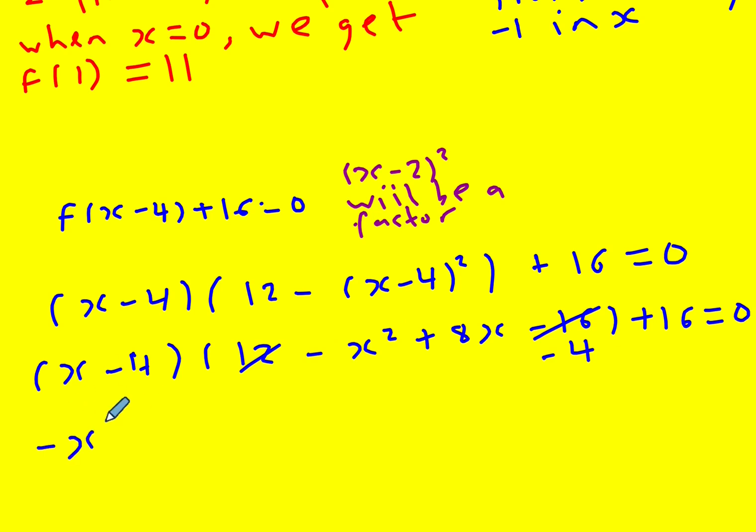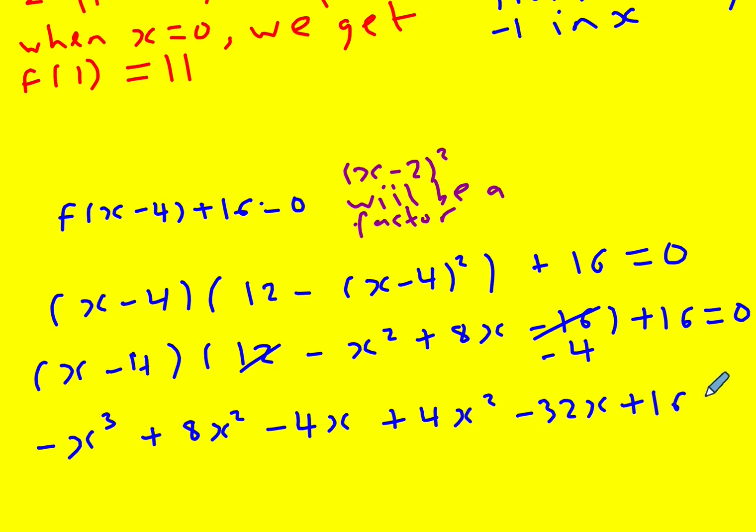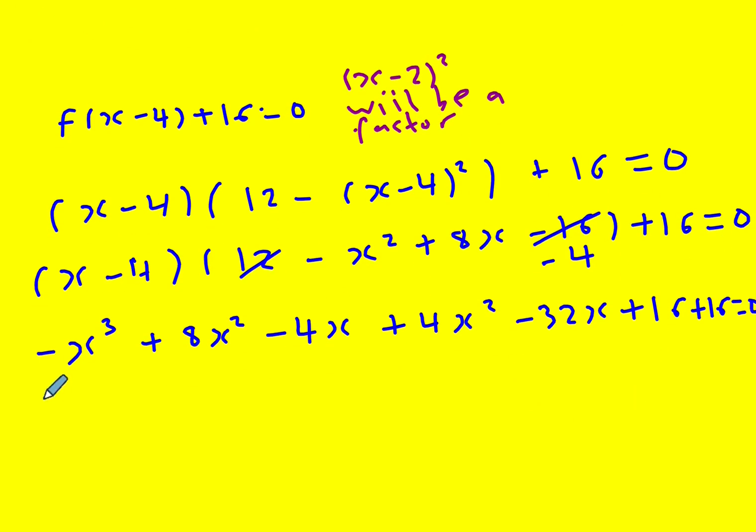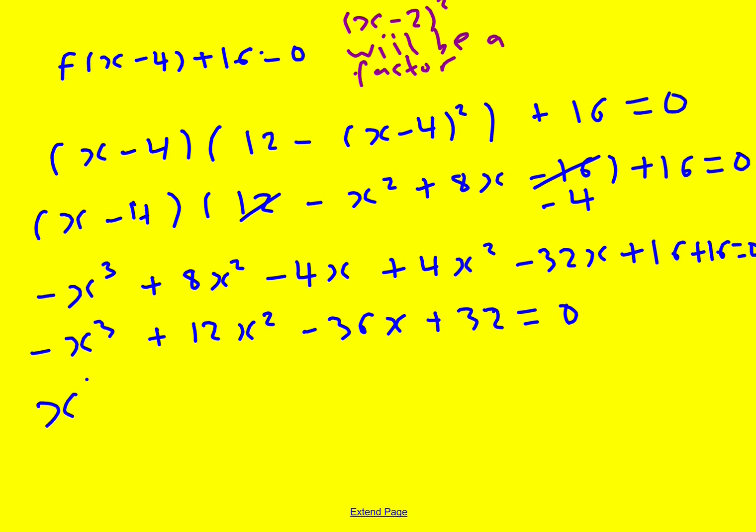That's going to leave me minus x cubed plus 8x squared minus 4x plus 4x squared minus 32x plus 16 equals 0. Okay, just swap all the signs around.